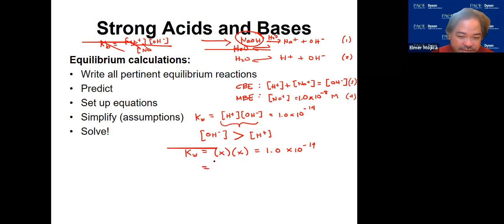So what happened here? One is still an X, but the other one will be X plus what? Anyone? So question with this setup.